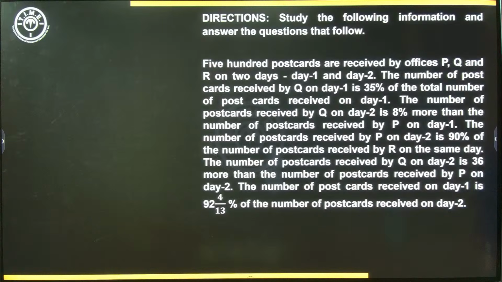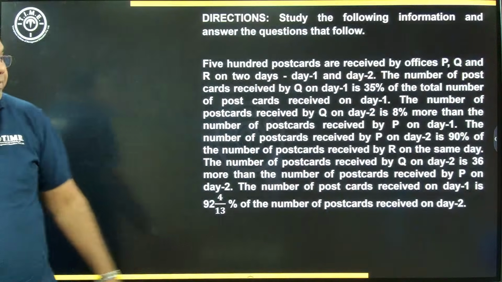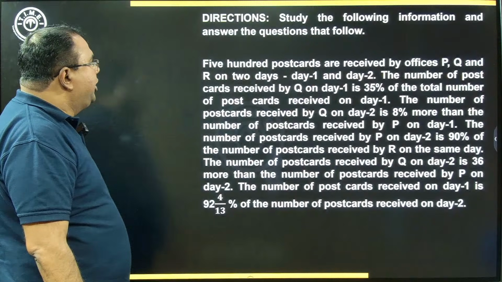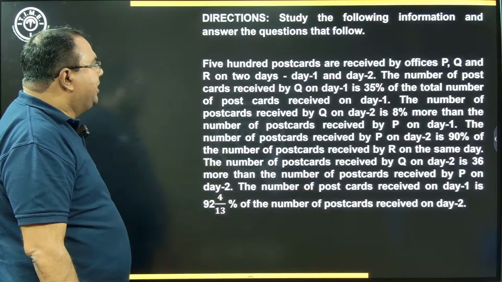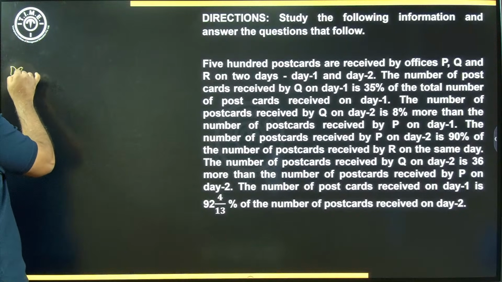Okay, let's start solving this. You have to put this data in the form of a table, then you can answer the questions. Now, if you see here, 500 postcards are received by offices P, Q, and R on 2 days, day 1 and day 2.